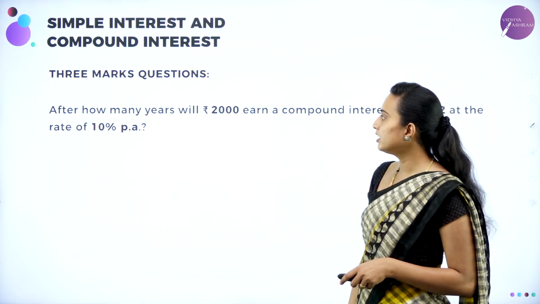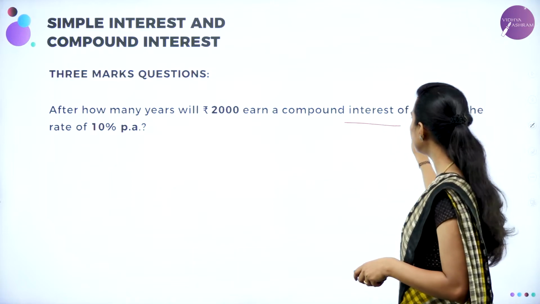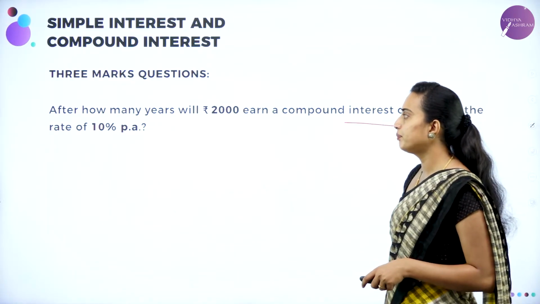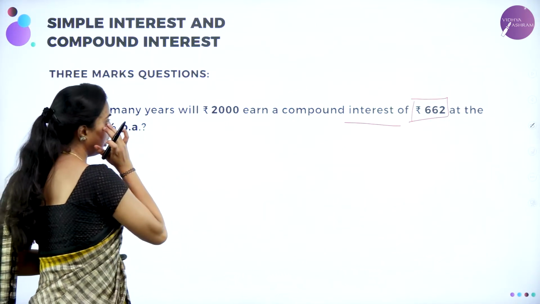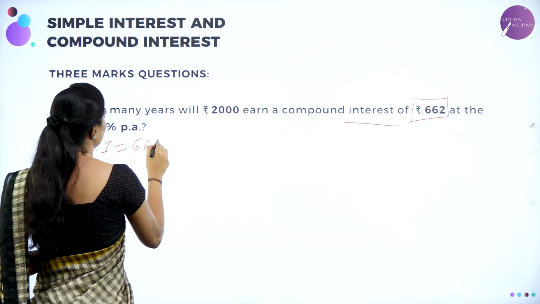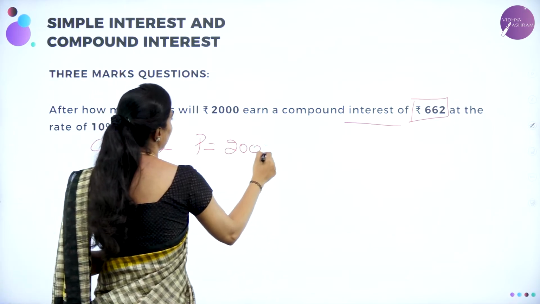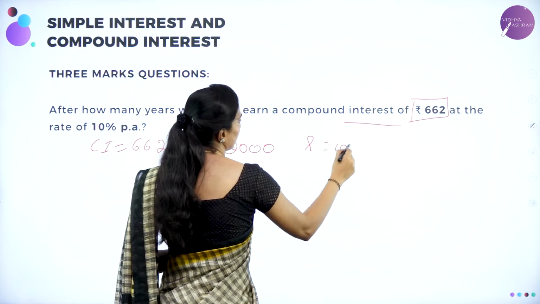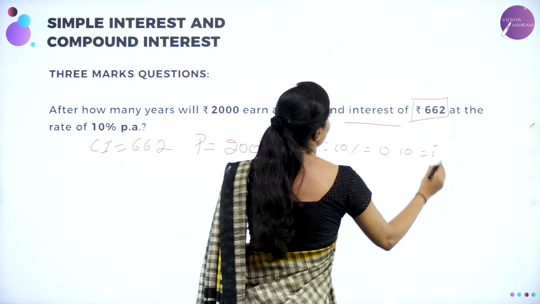After how many years will rupees 2000 earn compound interest of rupees 662 at the rate of 10% per annum? So CI they have given as 662 and the principal amount as 2000. You need to calculate A at 10% rate of interest, which is 0.10 for I, right?